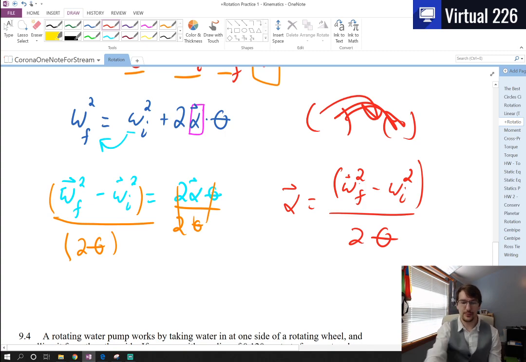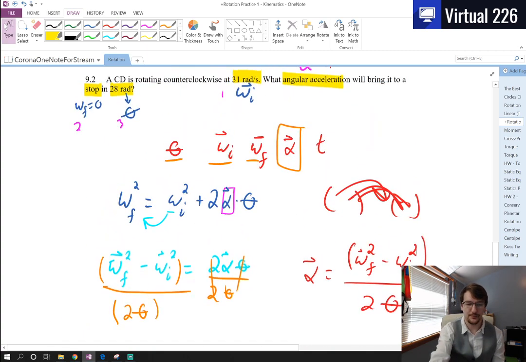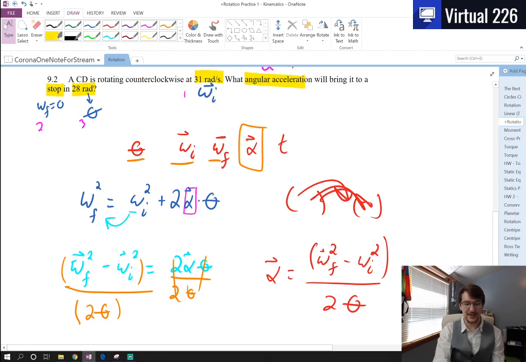When we plug in our values for this problem, our final is a 0, so 0 squared is 0, minus the initial value of 31 squared. So in our numerator, we're going to have negative 961 radians per second.